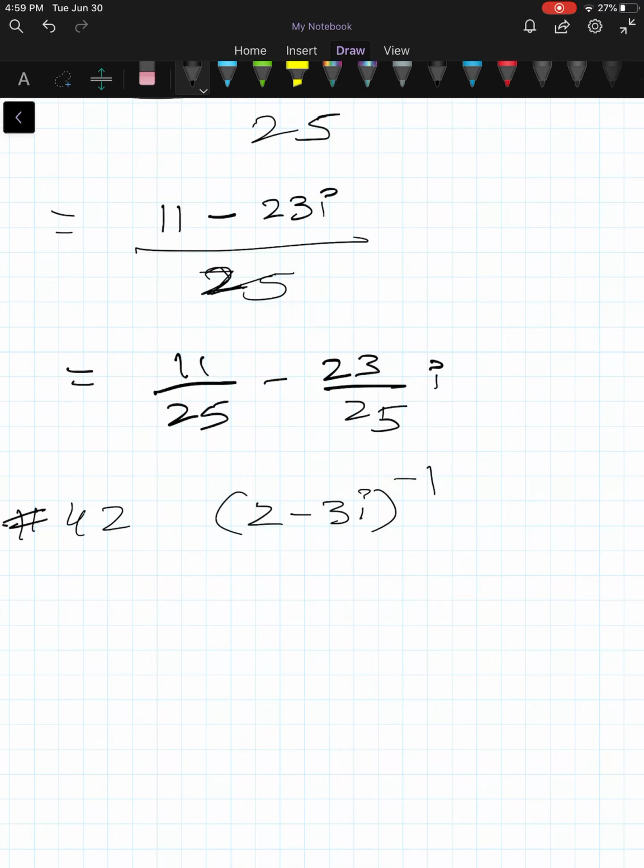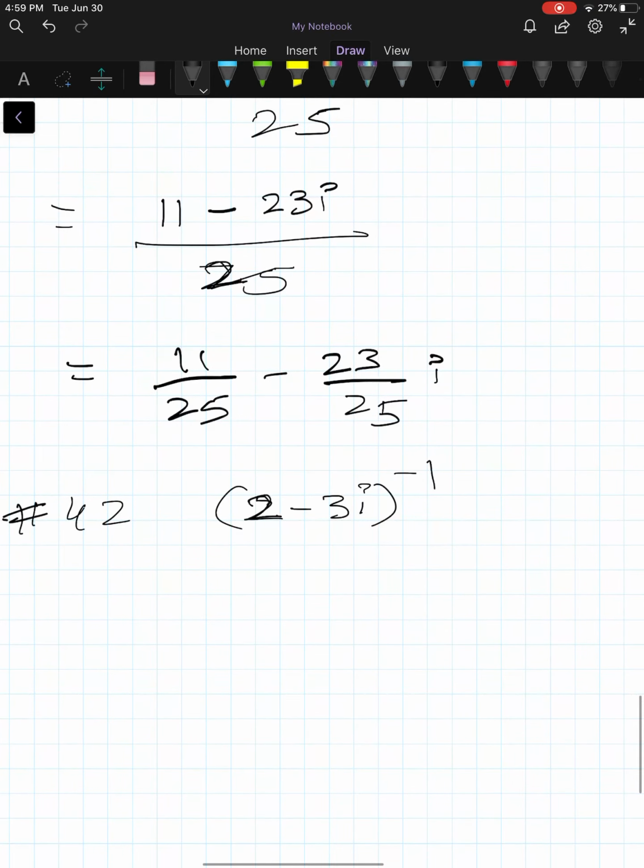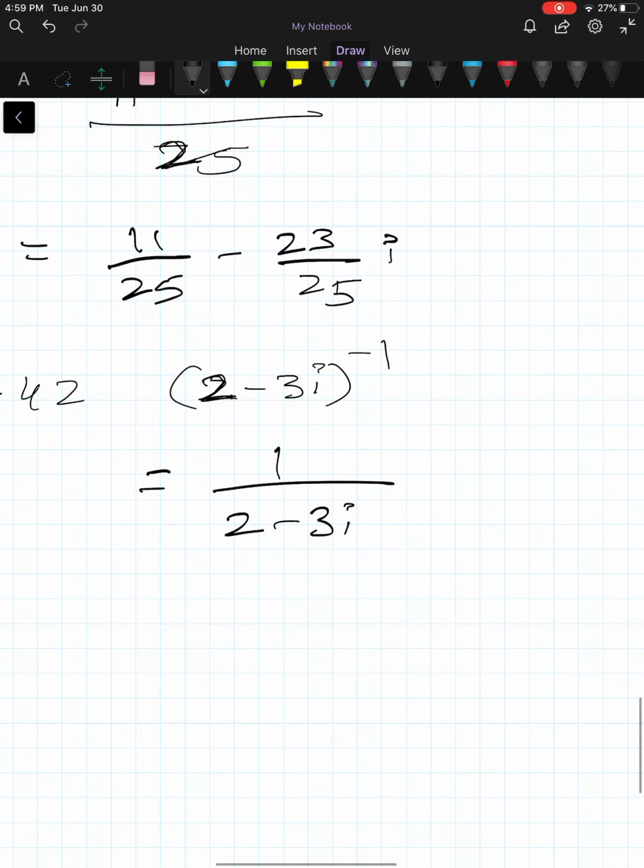This is 2 minus 3i inverse. My 2 and z look alike. So 2 minus 3i inverse can be represented as 1 divided by 2 minus 3i. As I said, every real number is a complex number. Therefore, 1 will also be a complex number where the imaginary part is 0.